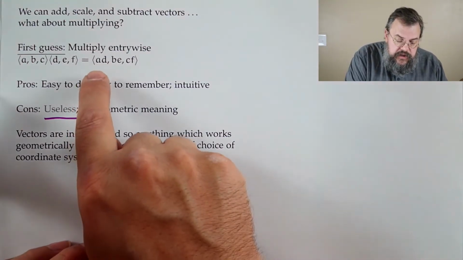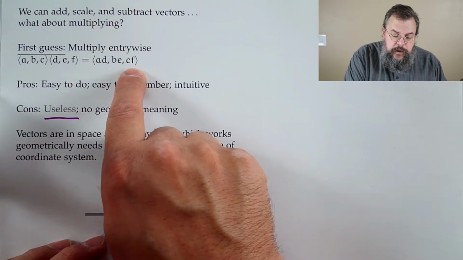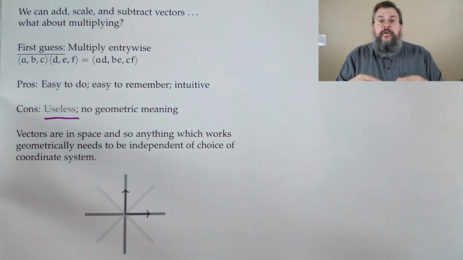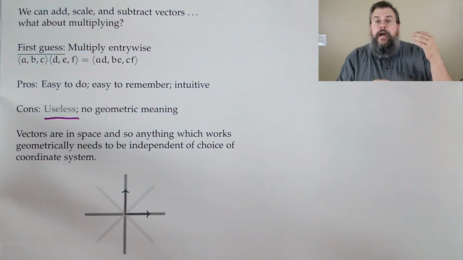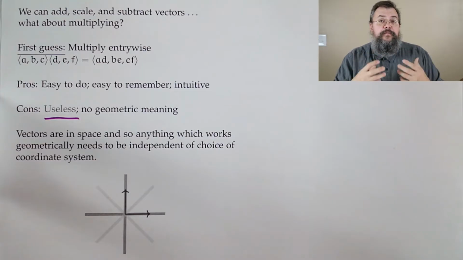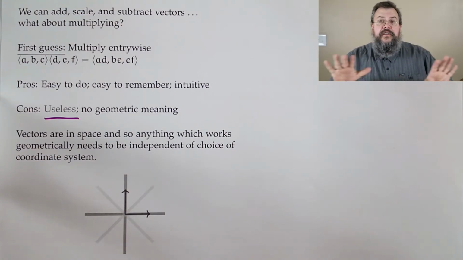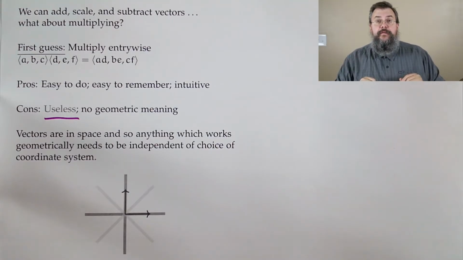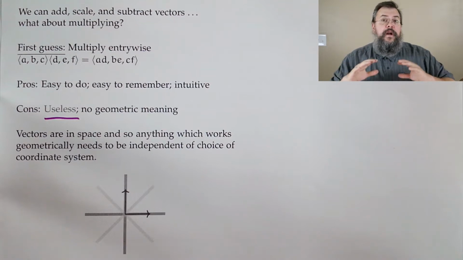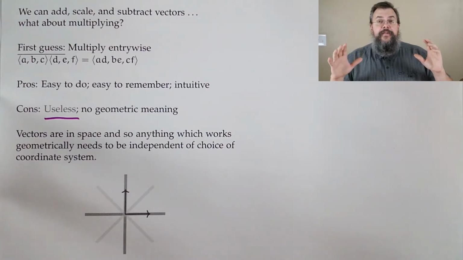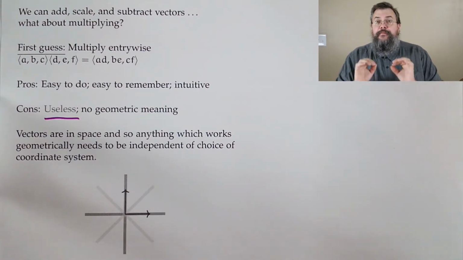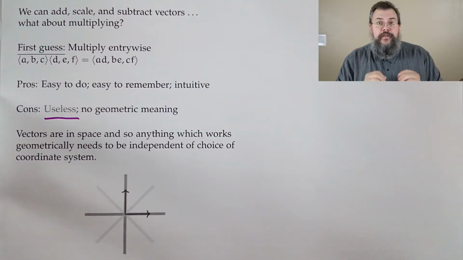Remember that these entries, the first, the second, and the third, represent the x, y, z. So it's tied to the way we're describing space. When we say something has a nice geometric interpretation, we say it doesn't matter how you describe space, it's independent of that description. So whenever we look for something that's useful, we have to keep that in the back of our mind. It can't depend on our coordinate system.